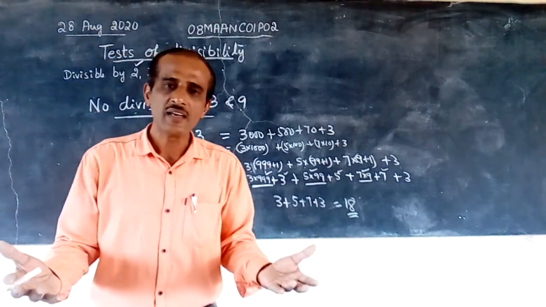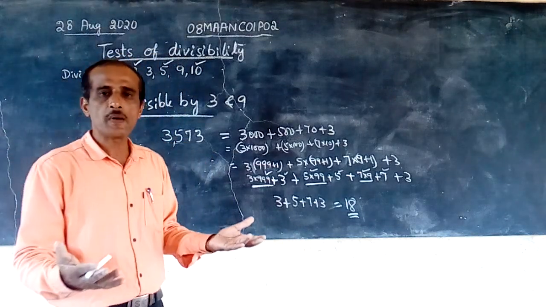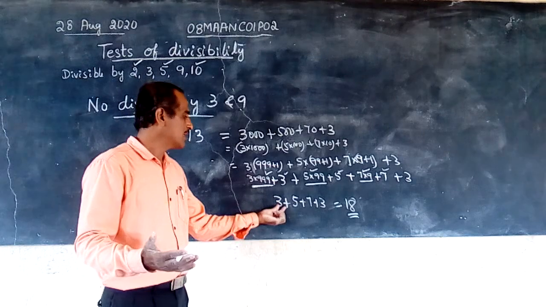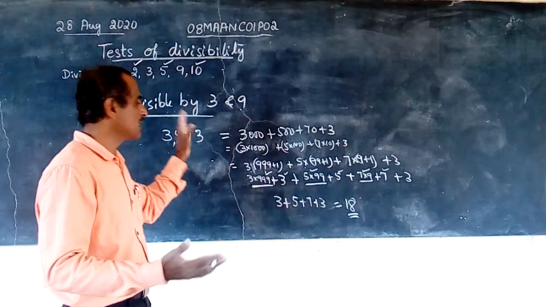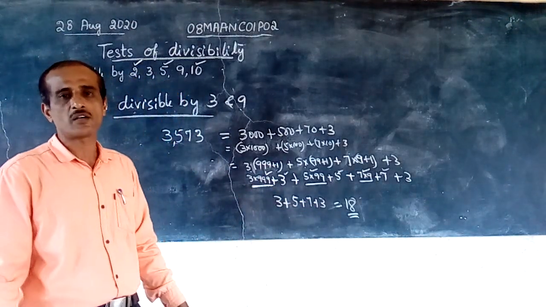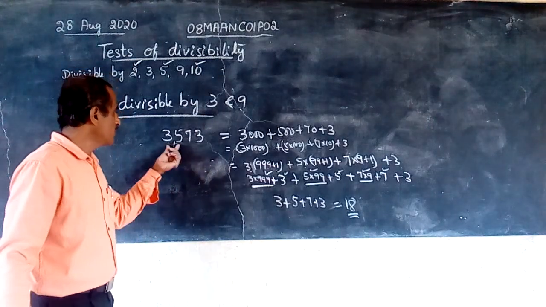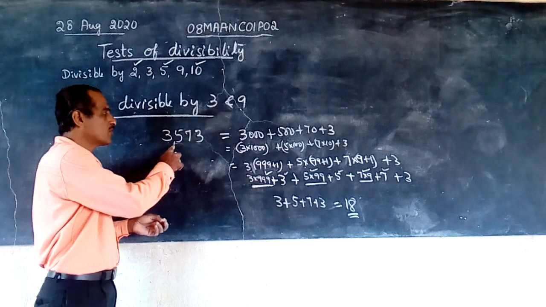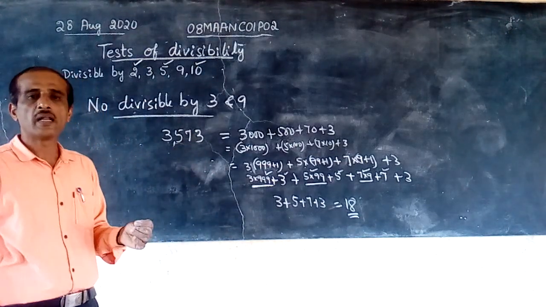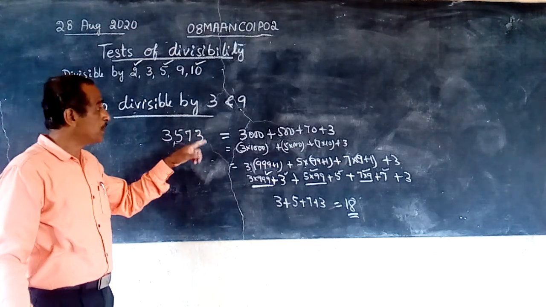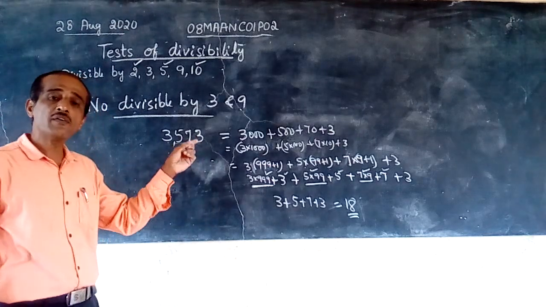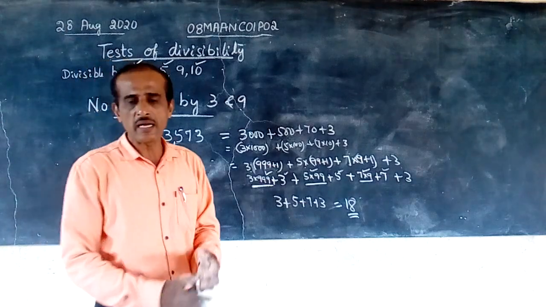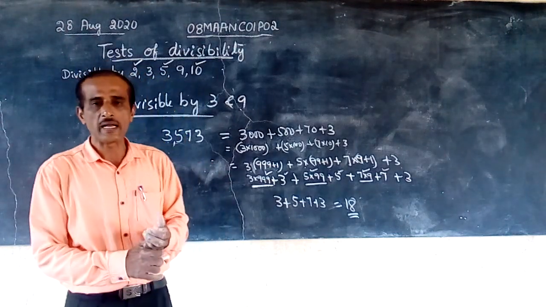See, very easy. To check whether a particular number is divisible by 9 or not, what we have to do is check whether the sum of the digits of that particular number is divisible by 9 or not. This number 3573 is divisible by 9.